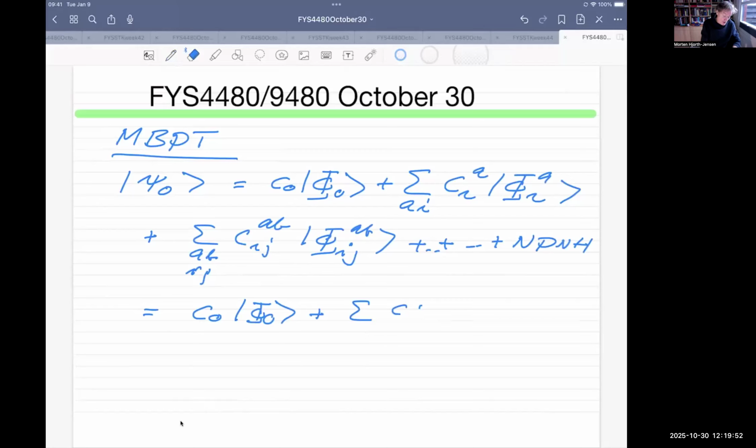So let's just introduce a Greek symbol here. So this runs from lambda equal 1 and in principle to infinity. And this is the overlap between the exact state and the states which we are expanding in terms of. So this is just another way of rewriting the first equations which we have here.